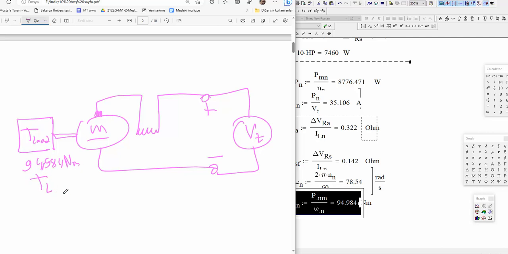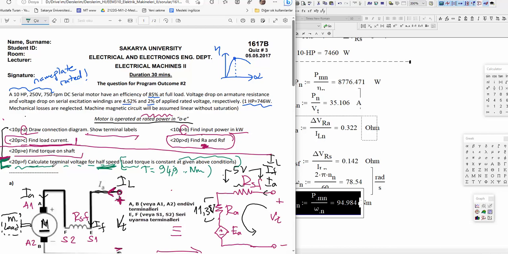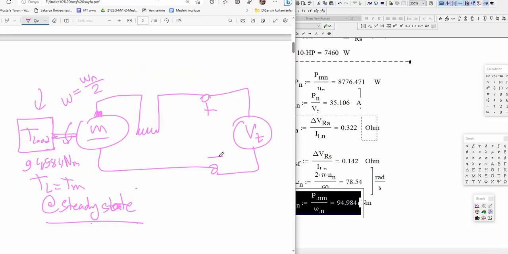That is the torque load, and it is equal to the mechanical output torque under steady state conditions. If there is no speed change, those are equal. Load torque is constant and speed is half of its rated value. Calculate terminal voltage for half speed. That is the full speed. Calculate for the half speed.